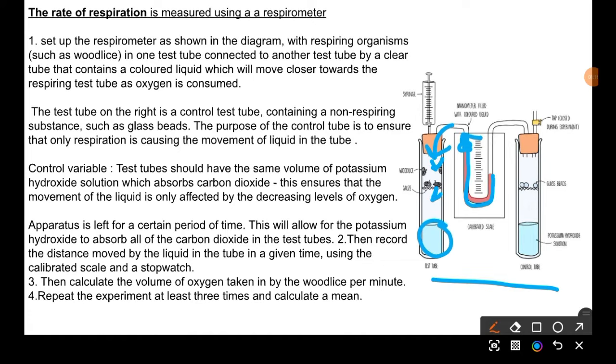And then what we do is just basically measure the distance moved by the colored drop. And then we also calculate the rate, because rate is the speed of something. We calculate the time taken for the drop to move, and there we have it. We divide the distance moved by the time taken.